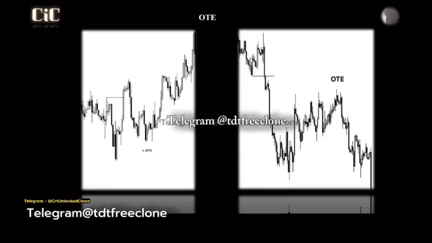And note this down. OTE is defined as the deep retracement after a market structure shift, either bullish or bearish, designed to scare away the people who are on the right side of the market.